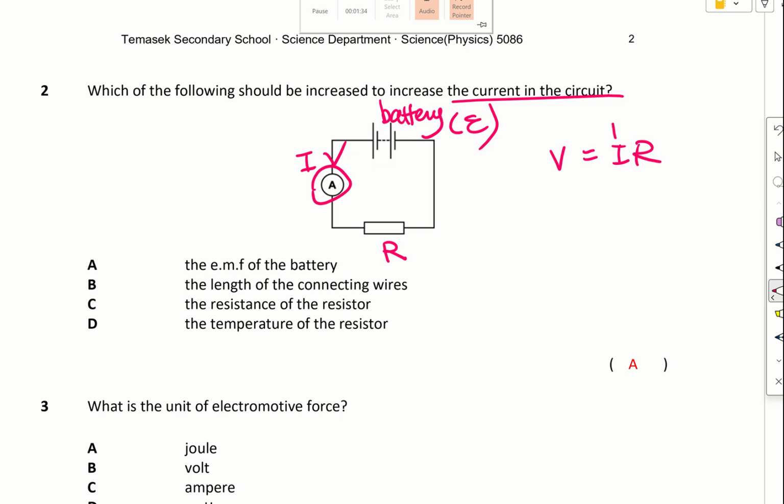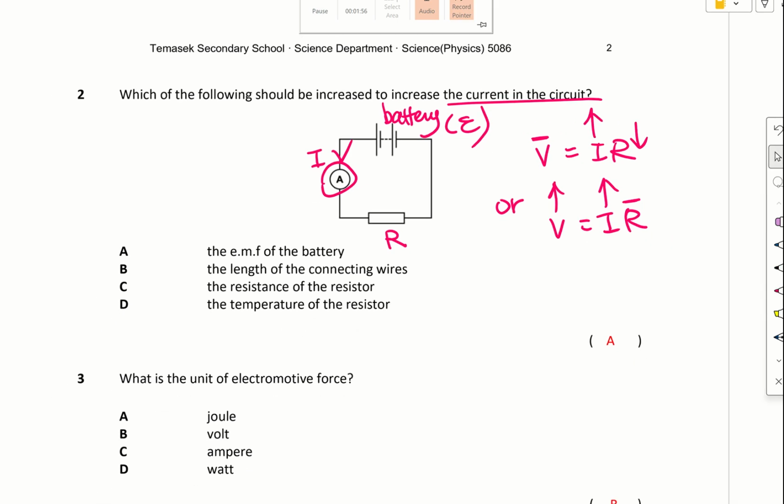So if I want to increase the current, I must either fix V and reduce R, or again V equals IR, I want to increase the current. I can increase the voltage or the EMF while keeping R the same, right? So it's just increasing one item.